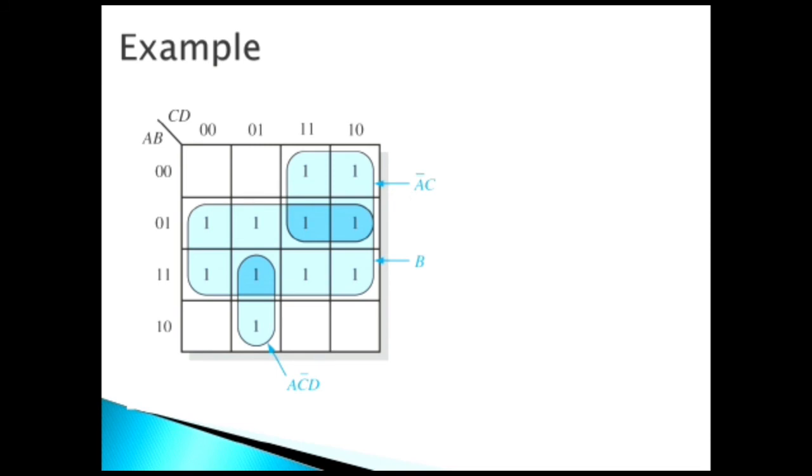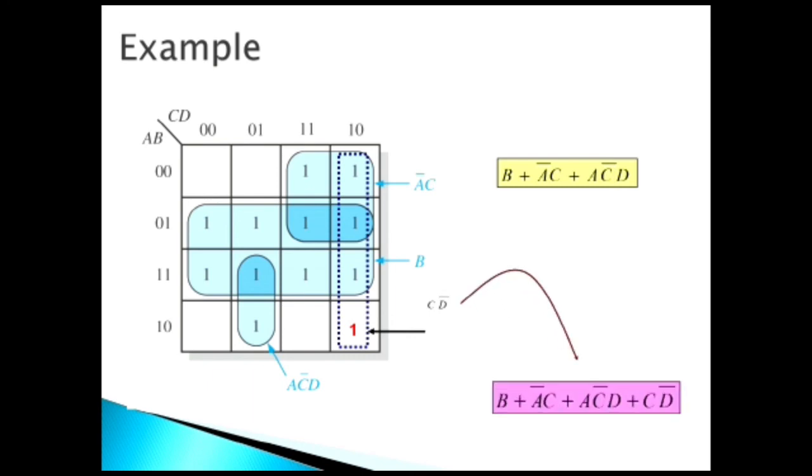Now let us see this example. In this example, we have made various groupings as shown in the diagram, and we will have the expression like this. But if we add one more 1 in this case, as shown by red color, we will have one more grouping like this, and this will give us the term CD complement.